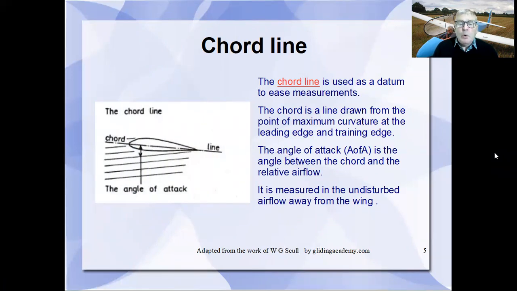It's actually the point of maximum curvature on the leading edge to the point of maximum curvature on the trailing edge. The angle between that and the relative airflow is the angle of attack. And because the wing itself is disturbing the airflow immediately around it, we make this measurement with the relative airflow some distance away from the wing itself.